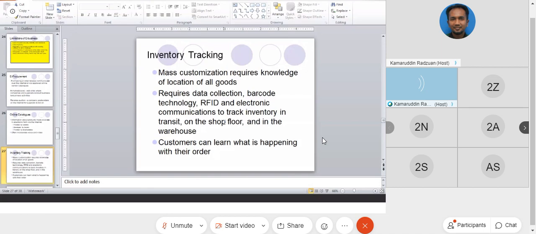So that's all our discussion on e-commerce today, and that ends our syllabus on inventory management.